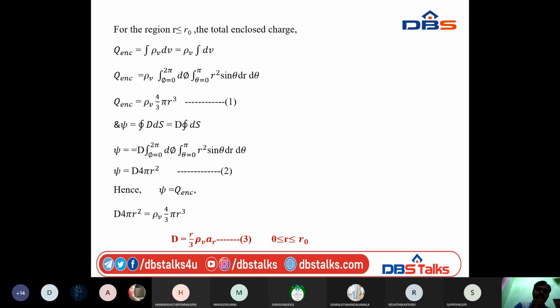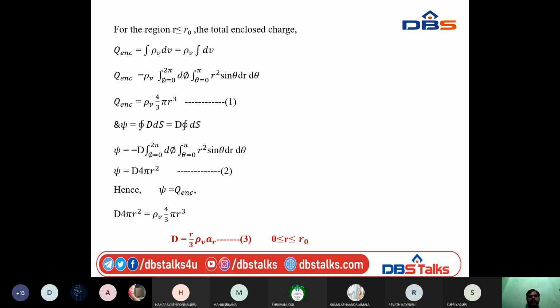Next, the same procedure we followed for finding the field intensity in the previous cases we follow here. Q equals the integral of rho v dV, the equation derived from the statement of Gauss law, where Q is the total enclosed charge and rho v is the volume charge density.